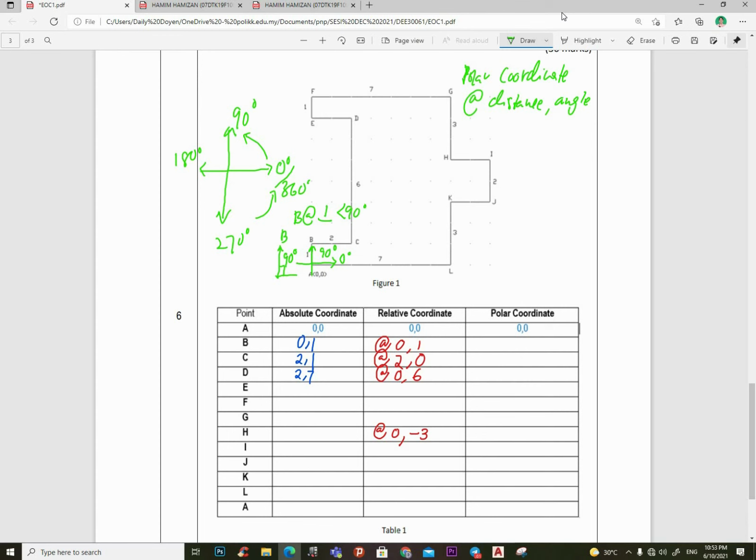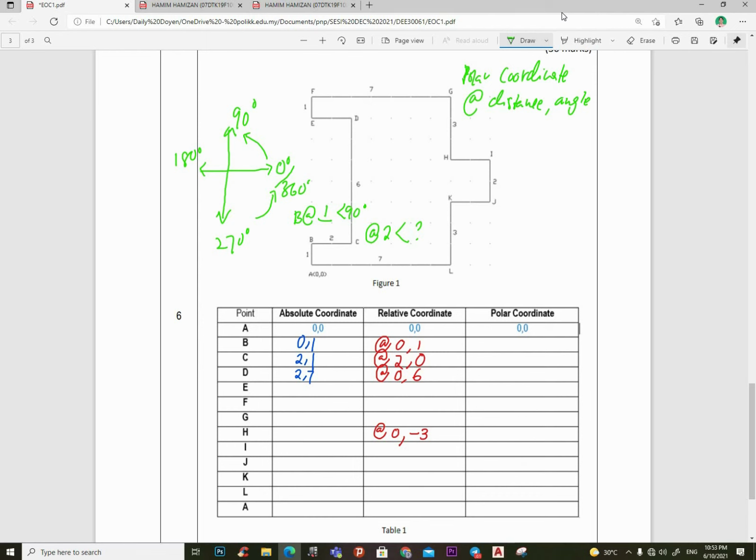Now we move on to point C. Point C, @, the distance from B to C is 2, angle. Now what is the angle? For you to understand, I'm going to erase this one first. You want to draw point C, you must look at point B to find the angle.